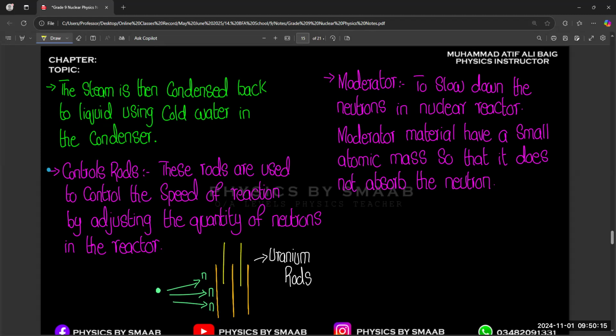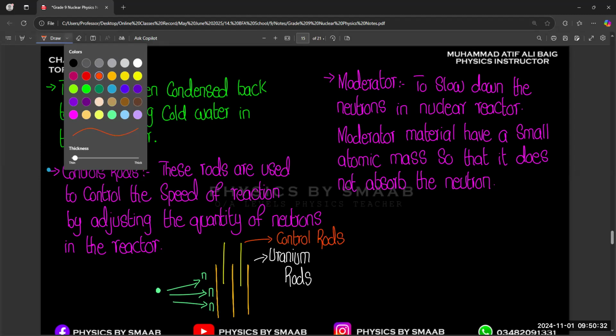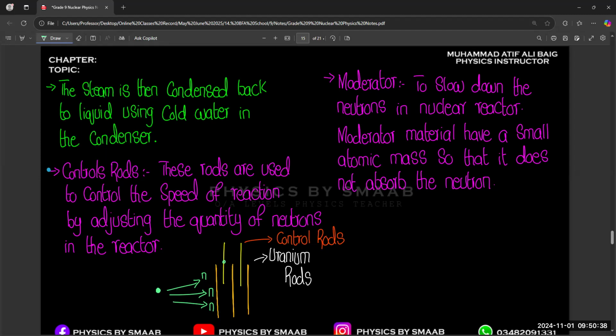So these yellow rods are the control rods. So these control rods absorb the neutrons. Okay. So most of the neutrons are absorbed by the control rods. So when most of the neutrons are absorbed by control rods, definitely your reaction automatically slows down.